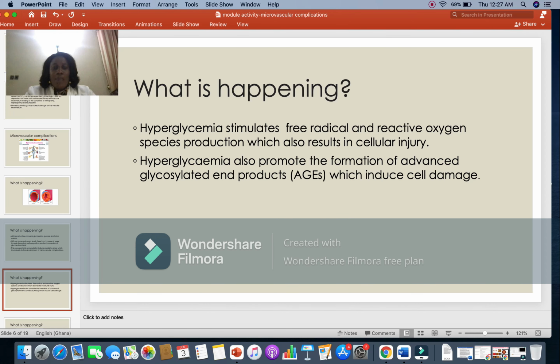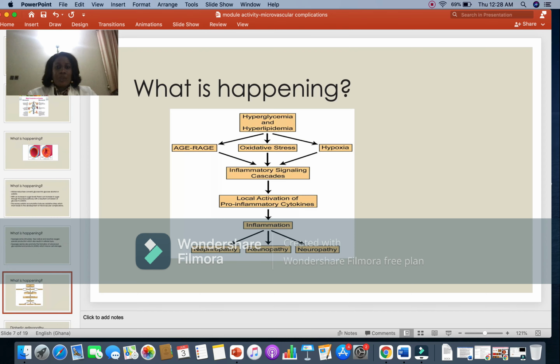Also, hyperglycemia, or elevated blood glucose, stimulates free radical and reactive oxidant species production, which result in cellular damage. Hyperglycemia also promotes the formation of advanced glycosylated end products, which also induce cell damage. This is shown in the diagram below.